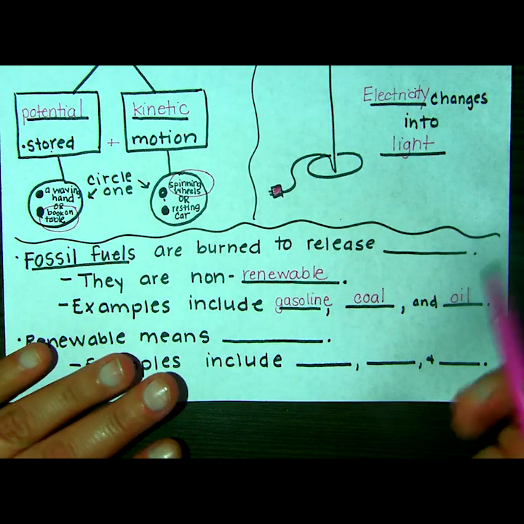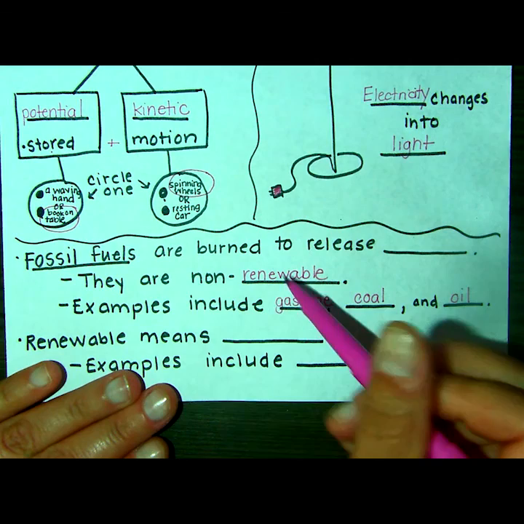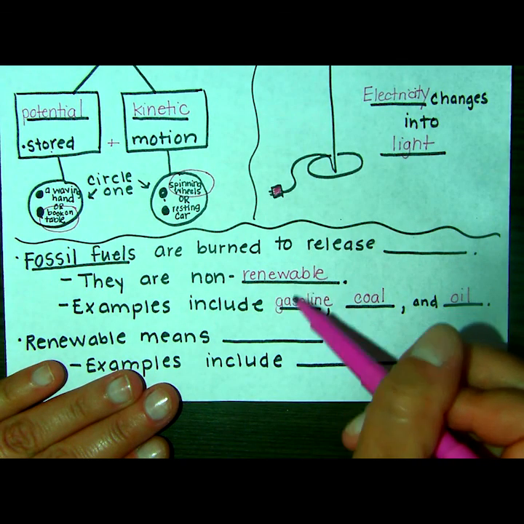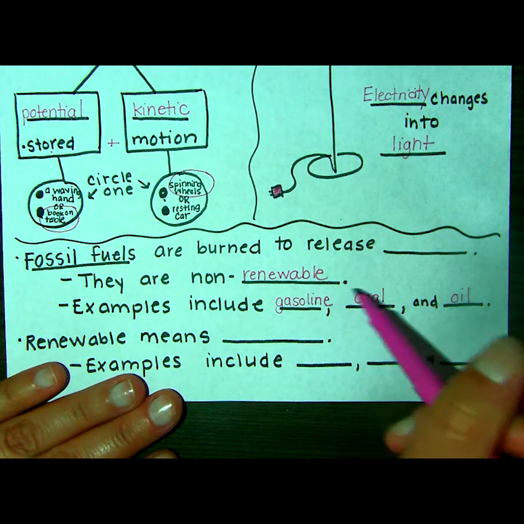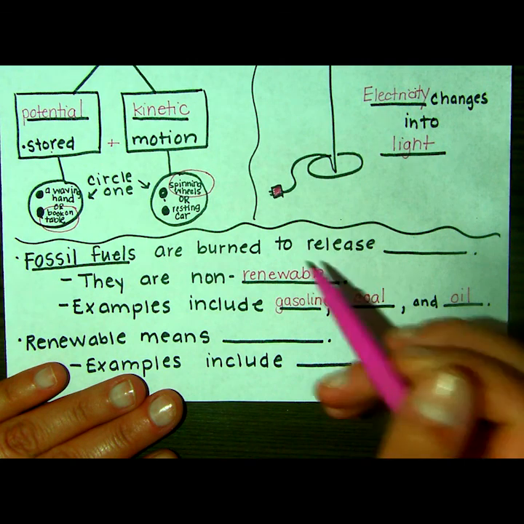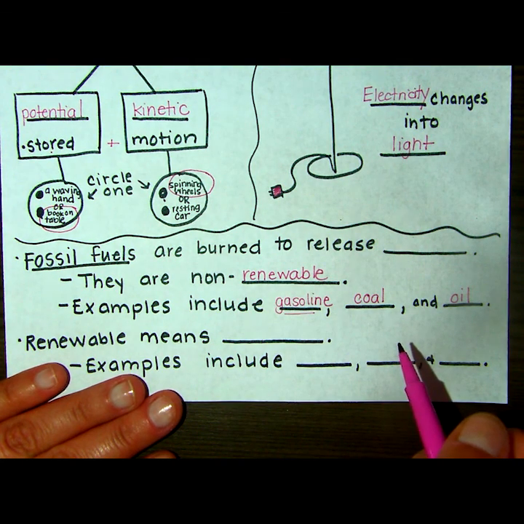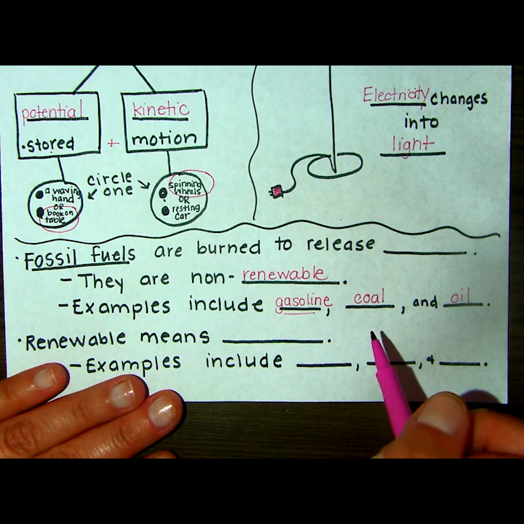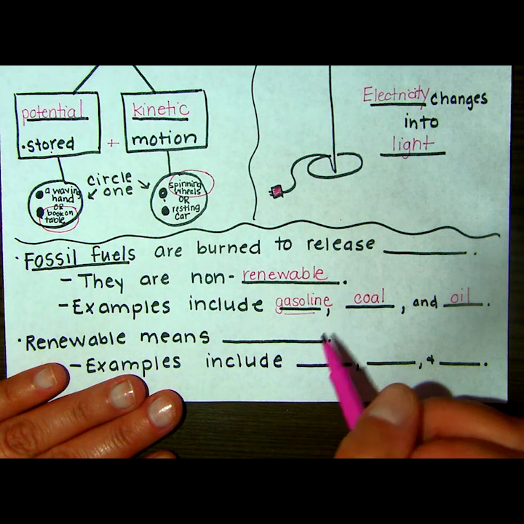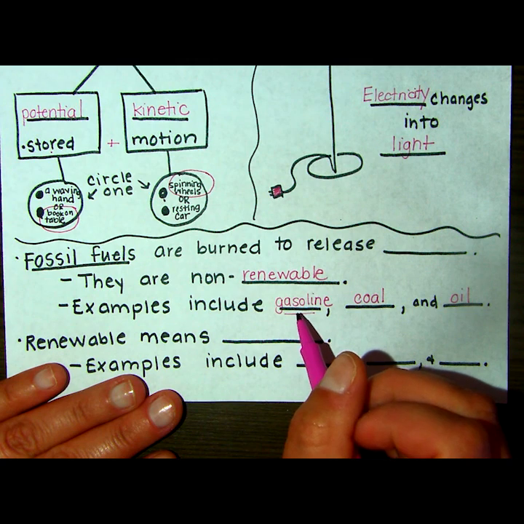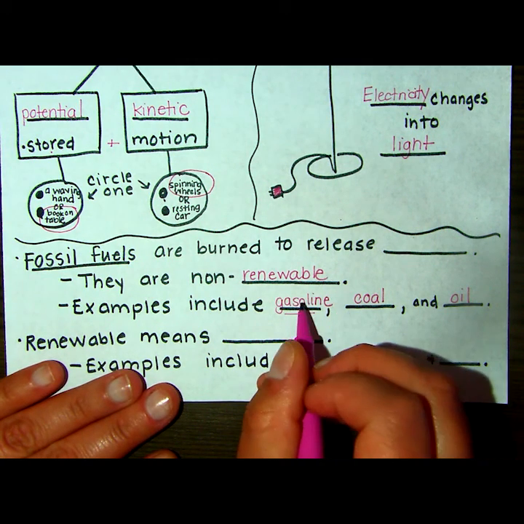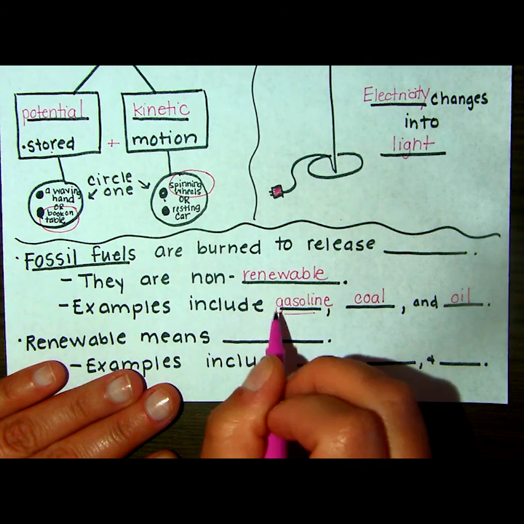So I want you now to think, what's the purpose of using these non-renewable resources, such as gasoline, coal, and oil? We add gasoline to our car, and basically that helps take our car from that state of potential energy to then kinetic and even mechanical energy. So what is it that they release?